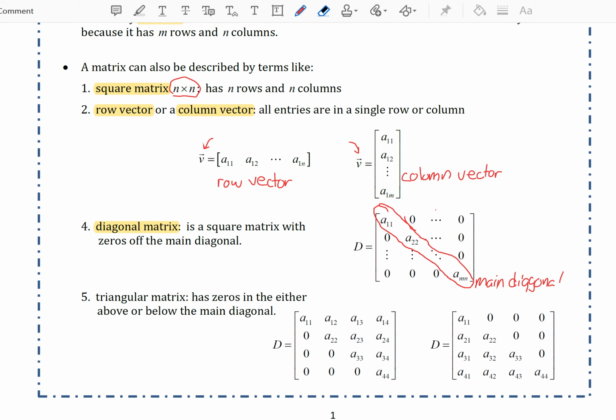We'll say all the entries either above the main diagonal and below the main diagonal will all be zeros.